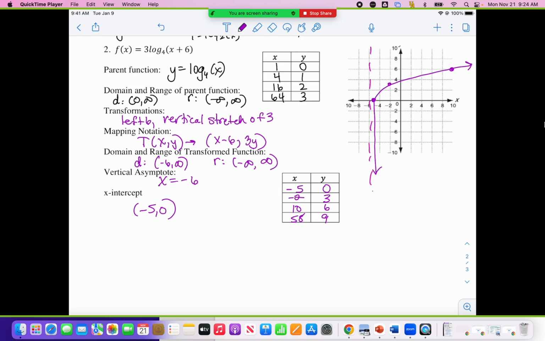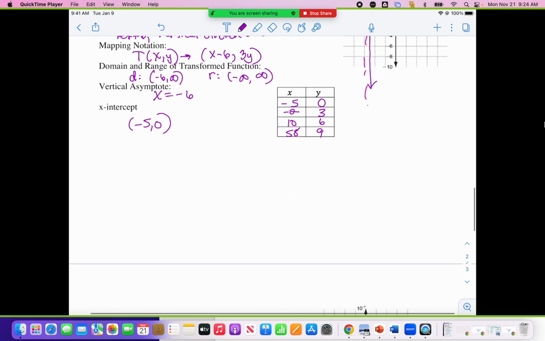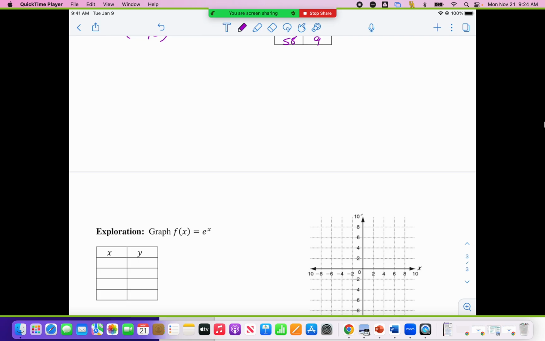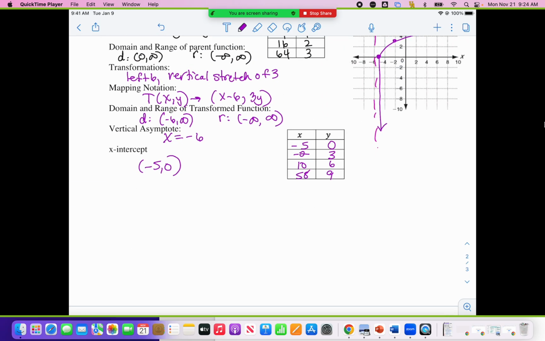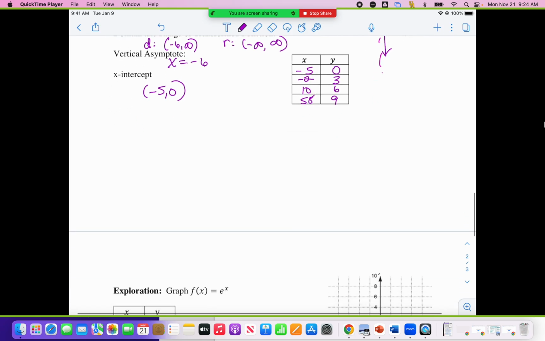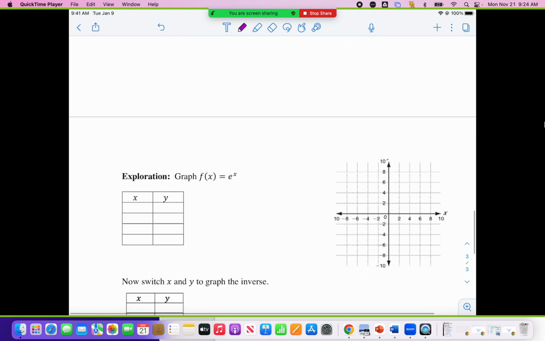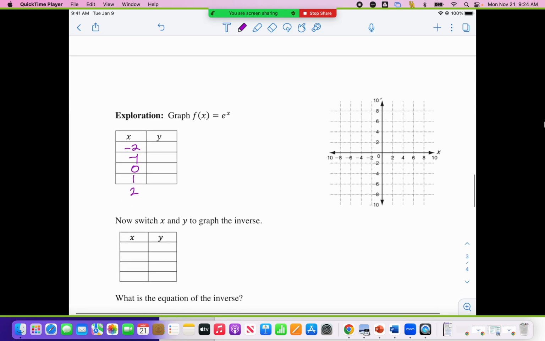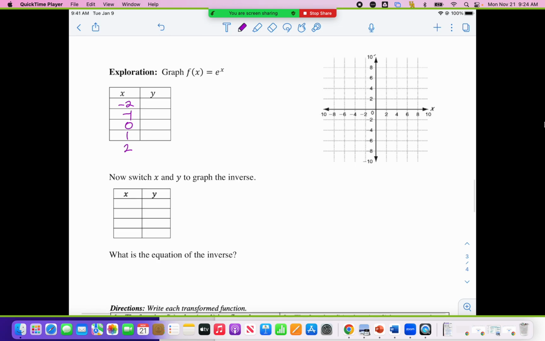All right, if you have your graphing calculators, go ahead and grab those. And we're going to do a little exploration. It says f of x equals e to the x. And here's what I want you to do. I cut my table off accidentally. I want you to plug in e to the negative 2 and just write down, maybe 3 decimal places is fine.